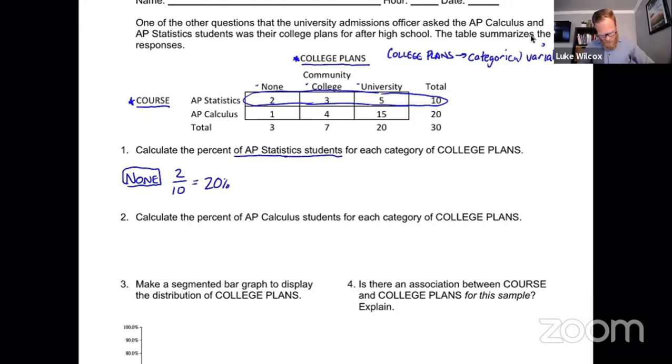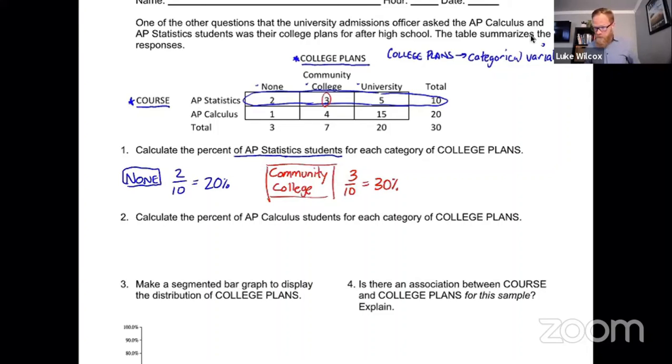Now, the second category is the category of community college. And once again, we are only going to be looking at the first row, which is the AP statistics students. And for community college, I see 3 out of the 10, which is telling me 30% of AP Stats students plan to go to community college.